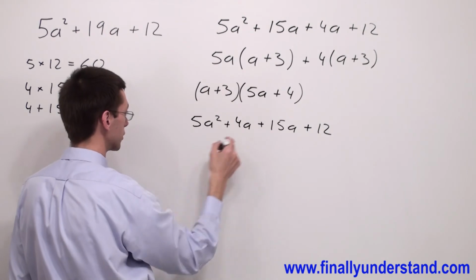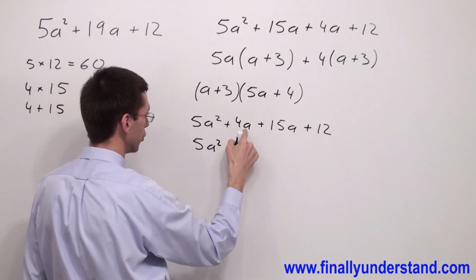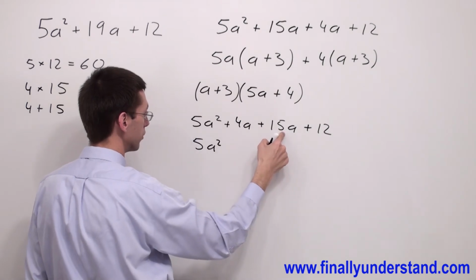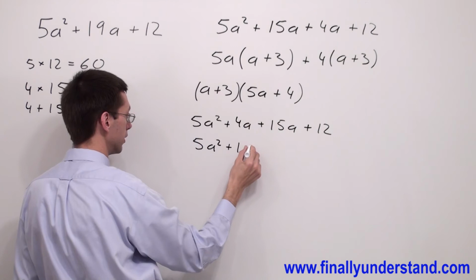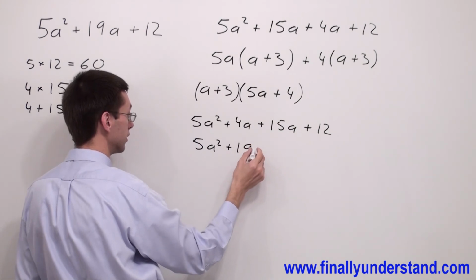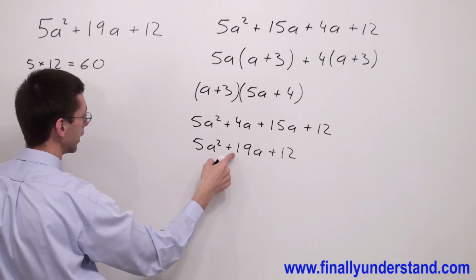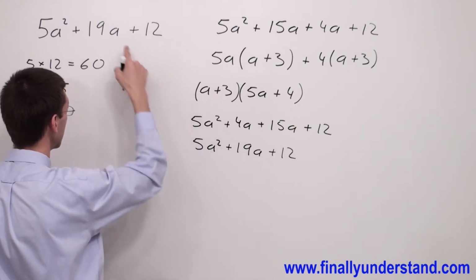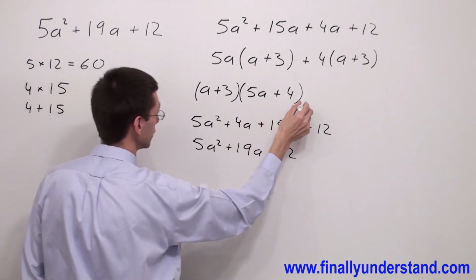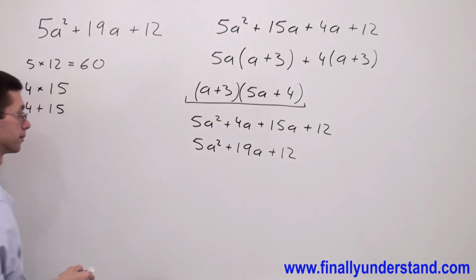Combine the like terms and you will have 5a squared plus 4a plus 15a, which gives me 19a, plus 12. As you can see, we got exactly the same expression as we started with. So this is the solution to my problem.